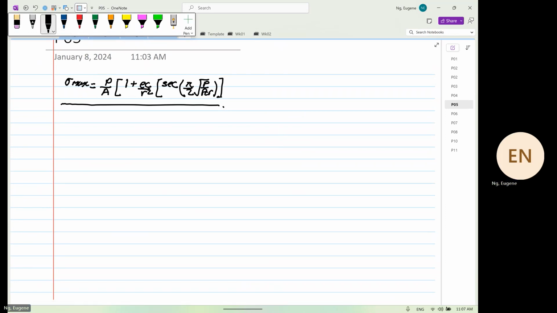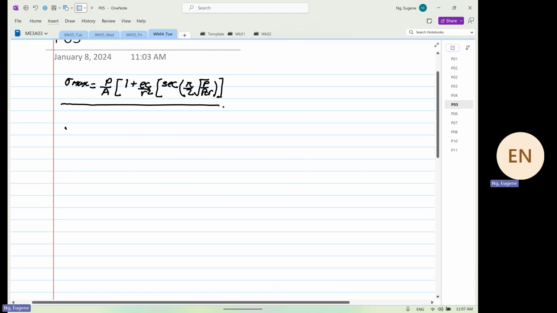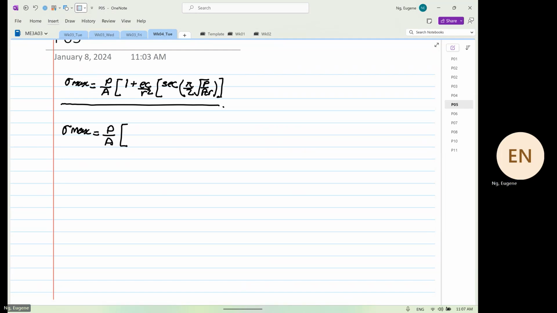So with this expression over here, we know that sigma max is equal to P over A, 1 plus EC over R squared secant pi over 2 square root P over P critical. And we know that P critical is equal to what?